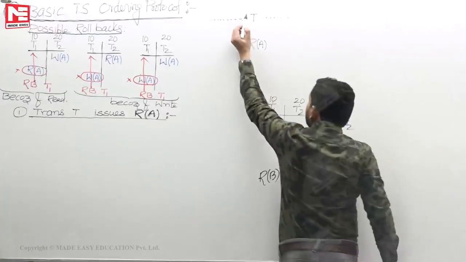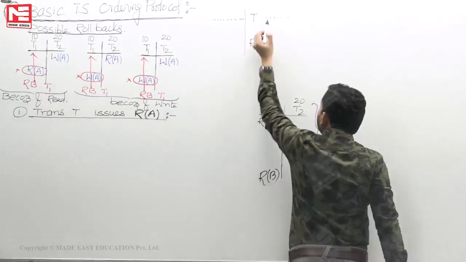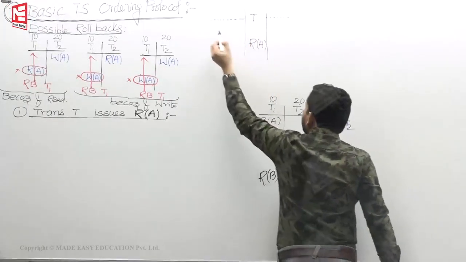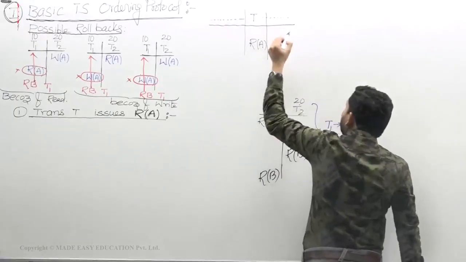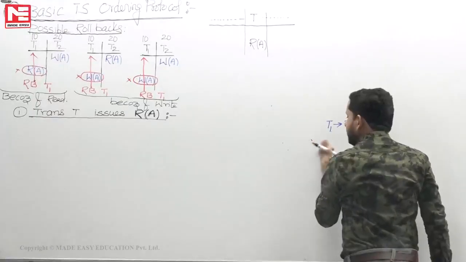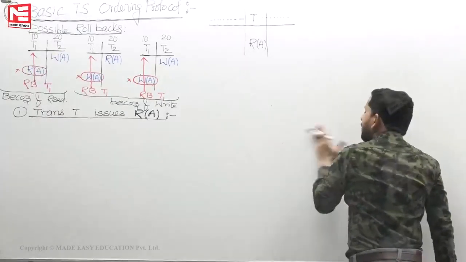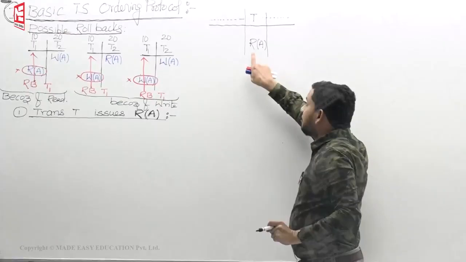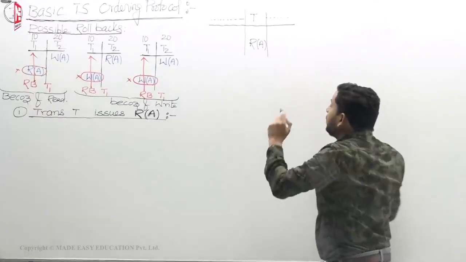Now we need to see whether it is allowed to read this data or not. When can this read request cause failure?